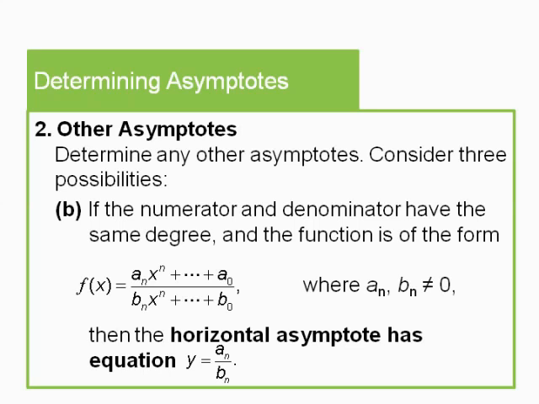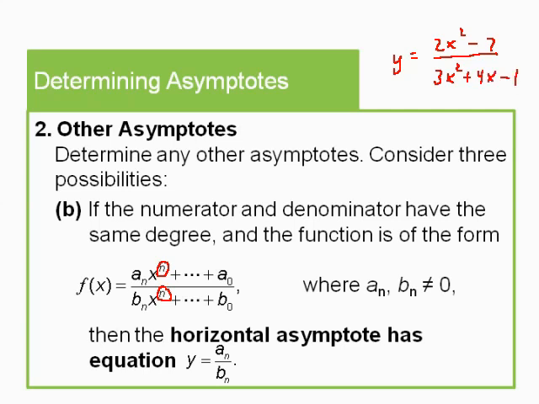Now, the other type of asymptote we haven't considered yet is, what if the degrees are the same? What if the top degree is the same as the bottom degree? And then you've got these giant polynomials here. So you might have something like y equals 2x squared minus 7 on top, and 3x squared plus 4x minus 1 on the bottom.